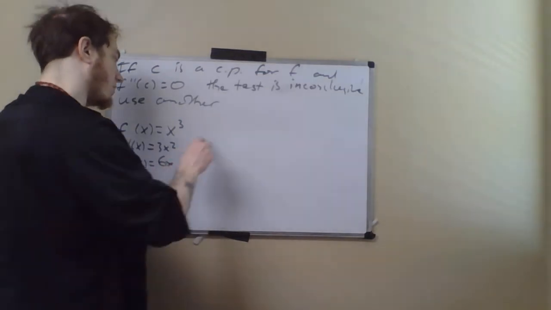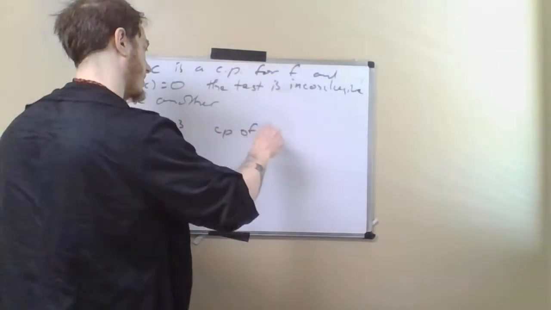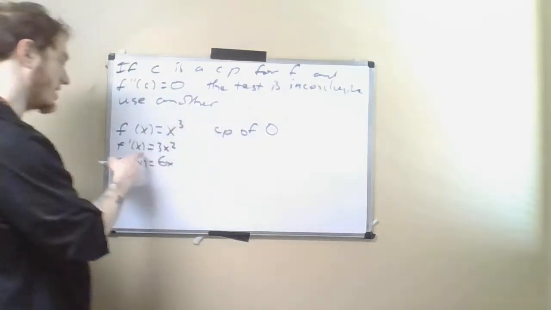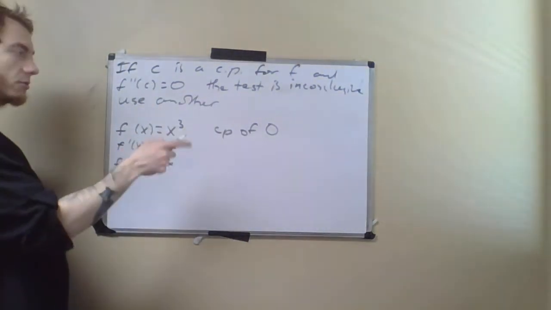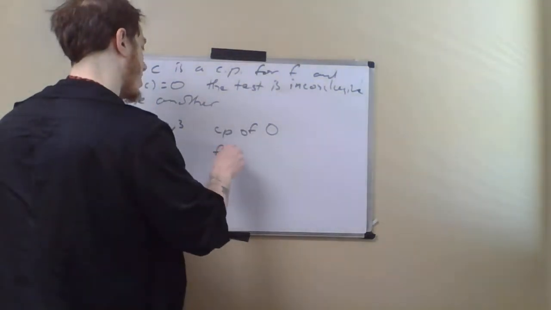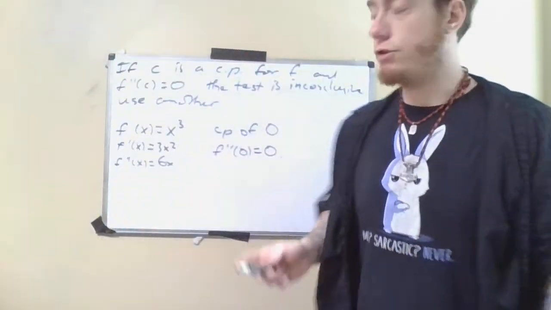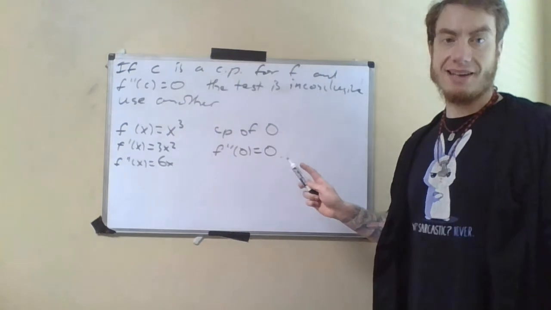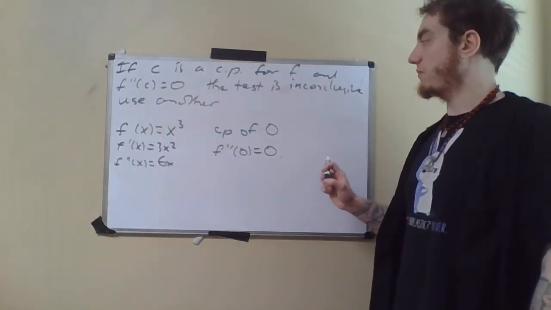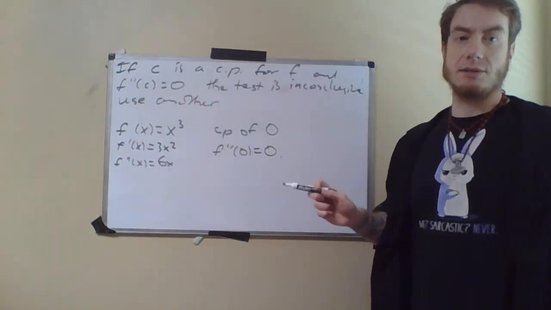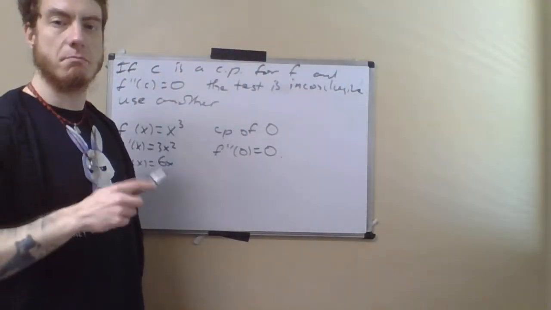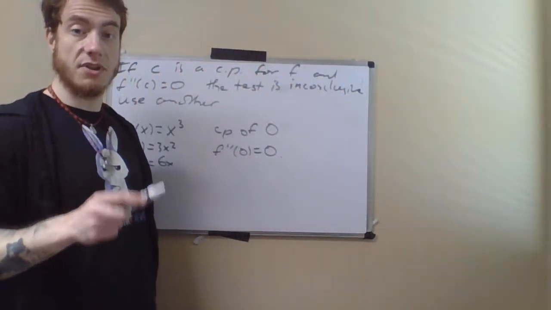Now, the critical point of 0 that we get, because 3 times 0 squared is 0, f double prime of 0 is equal to 0. And when you check this using the first derivative test, you find the first derivative, 3x squared, is positive on both sides of this 0.